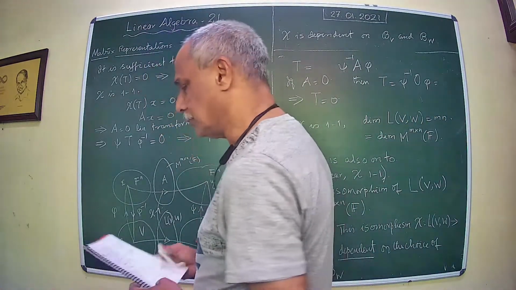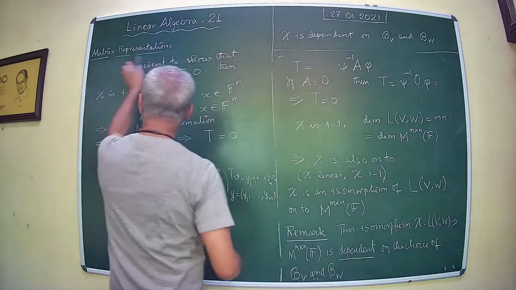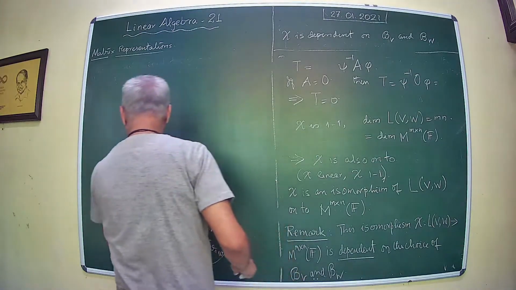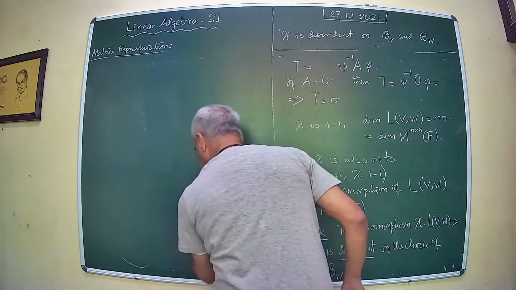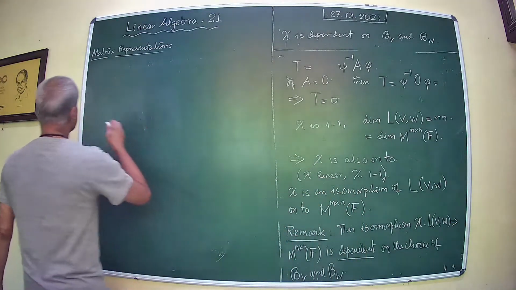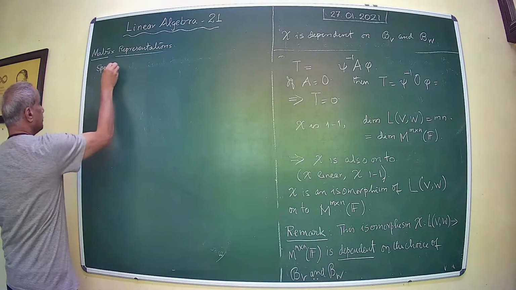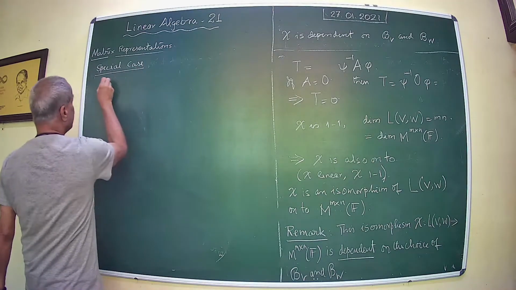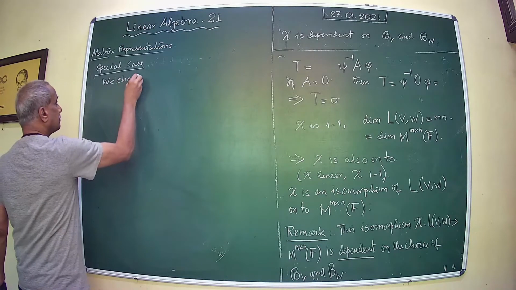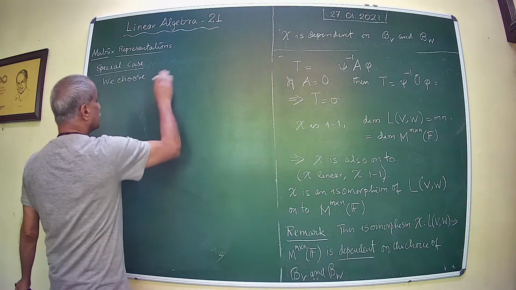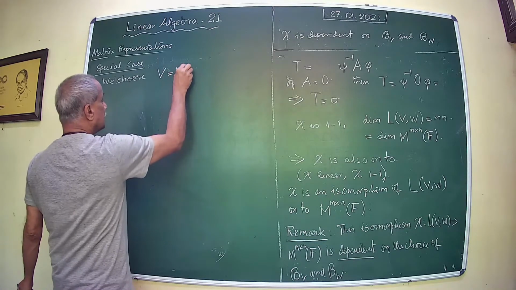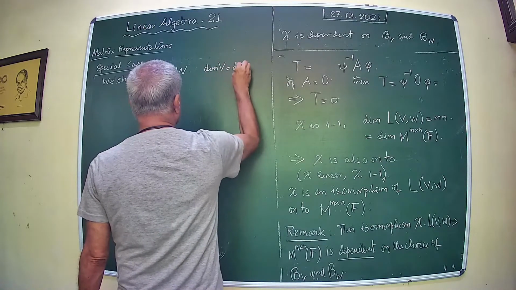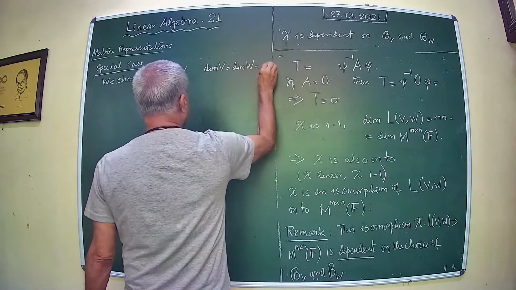Now we will possibly look at a special case, which we often come across. Then dimension V is n.